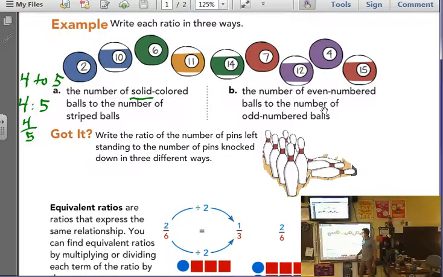If we wanted to talk about that as a rate, that wouldn't really make sense because this is not part compared to total. This is part compared to part. That's why we leave this as a ratio comparing solids to stripes, because when you play billiards you're either solids or stripes, normally versus each other.